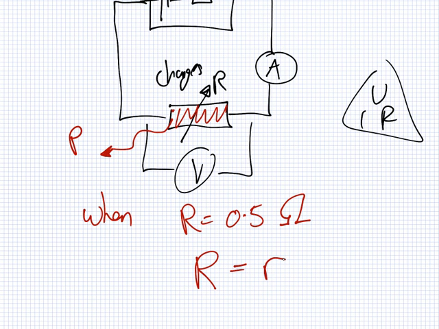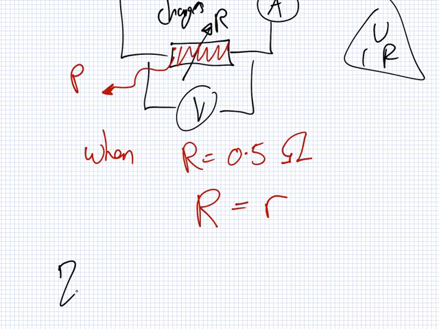Okay, so what is the efficiency of this system? Well, what is the useful output? The output is the power from the resistor here. So that would be P out over P in times 100.